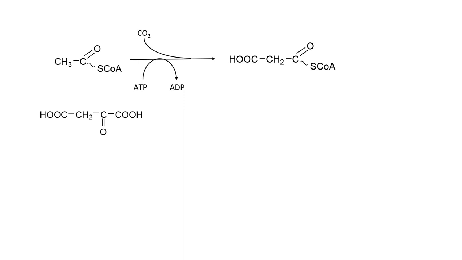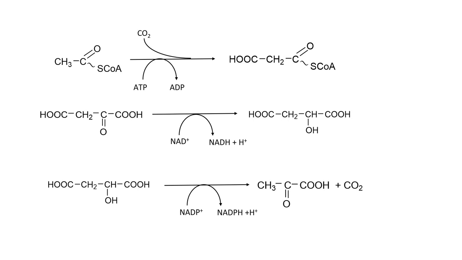Oxaloacetate transforms into malate under cytosolic malate dehydrogenase. After that, under malic enzyme action, it forms pyruvate.